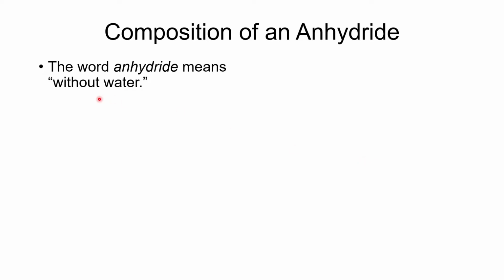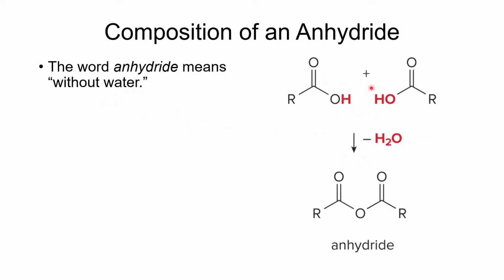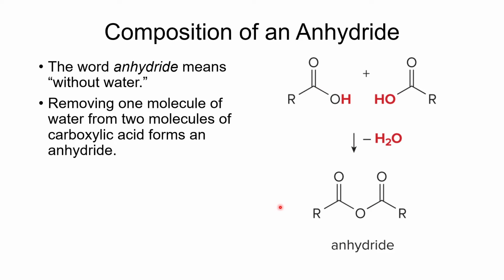When it comes to composition of an anhydride, that word anhydride just means without water. So quite literally, we take 2 carboxylic acid units and we lose water to get the anhydride. There are lots of examples of acid anhydrides. Just as one example, sulfuric acid is H2SO4, and if you remove H2O from that, you will get SO3.